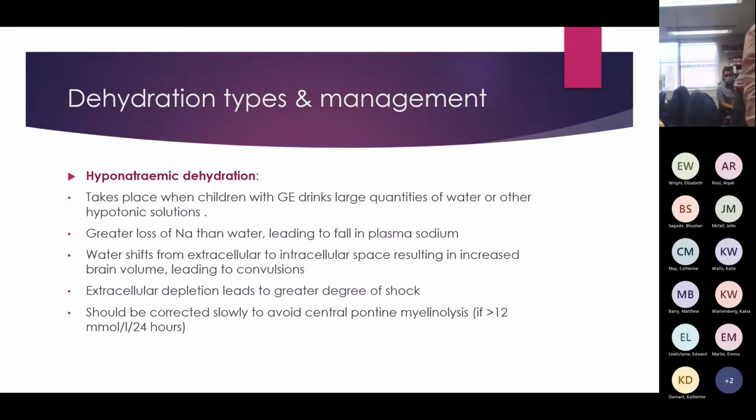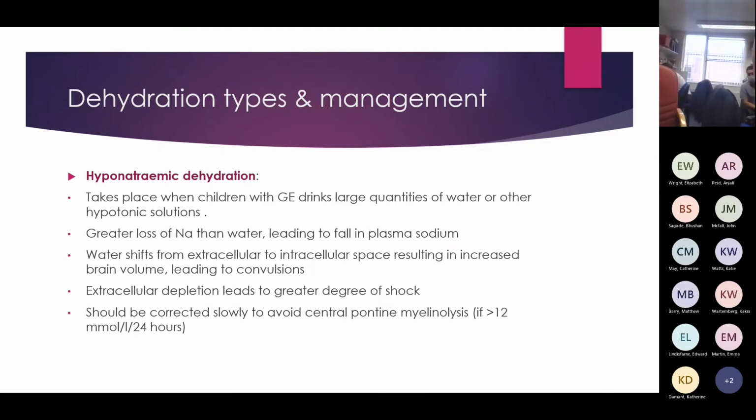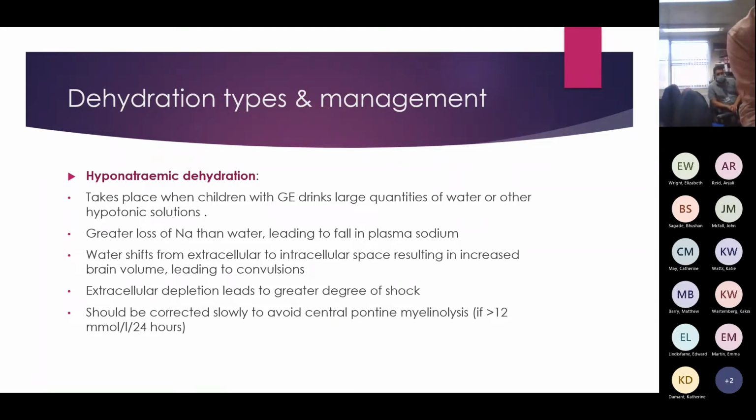It needs not to be increased over 12 millimole per liter per day, 24 hours. Otherwise, sometimes it would cause the undesired effect of central pontine myelinolysis, which is a very serious condition.